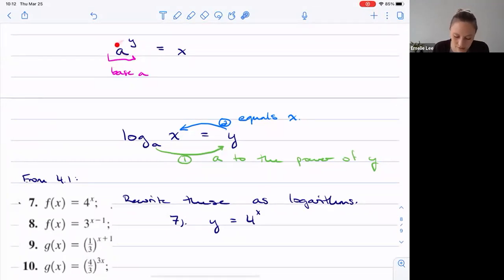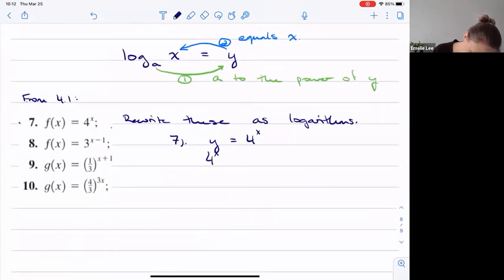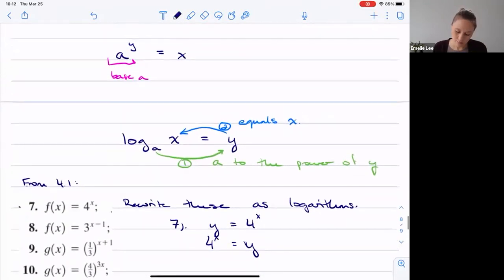And maybe it's easier if I rewrite my exponential function in the same order, because then I can see the relationship. So maybe it's easier if I write 4 to the power of x equals y.